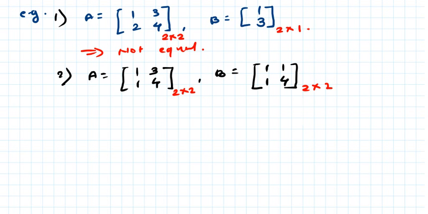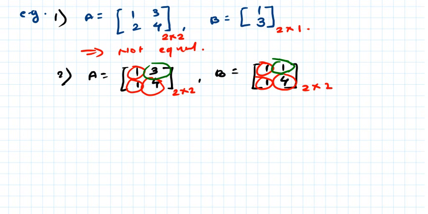So the next necessary condition is what? The corresponding elements should be equal. Now this one is equal to this one, no problem. This one is equal to this one, no problem. This 4 is also equal to this 4, no problem. But the problem is with this 3. This 3 is not equal to this one.